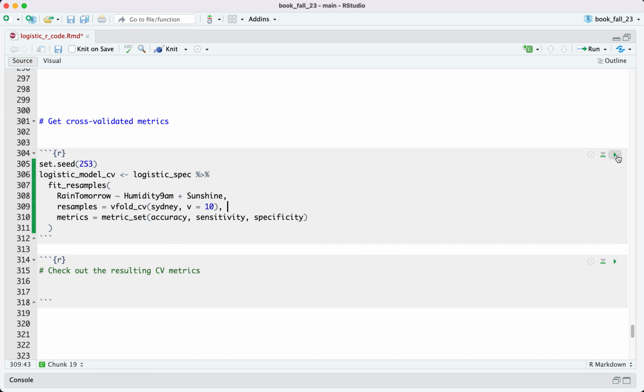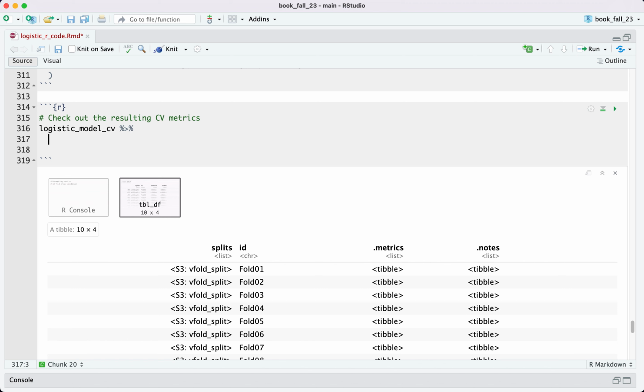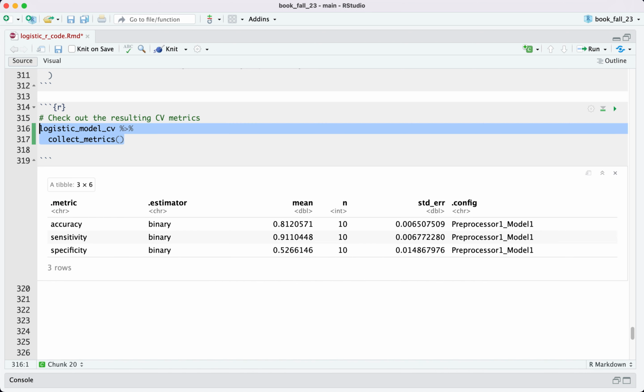All right, so we run our model, and if we just check out what we stored here, we get a bunch of information, something about folds and metrics. If I want to get just the final cross-validated estimates of our 3 metrics, we can do just what we did for least squares and calculate collect metrics.